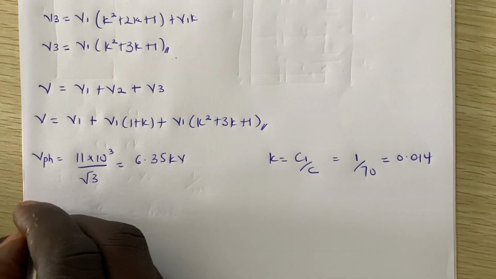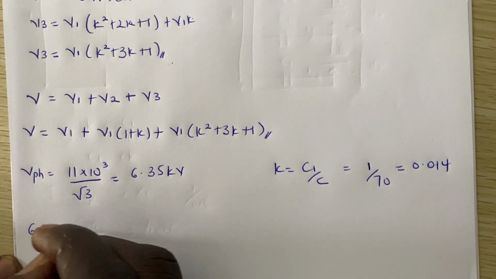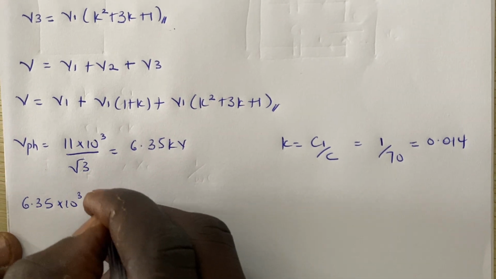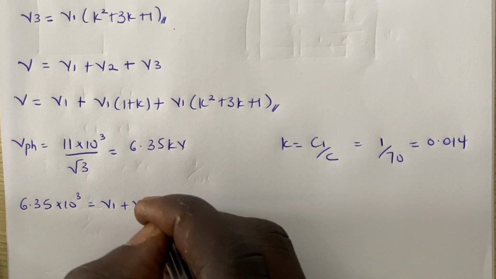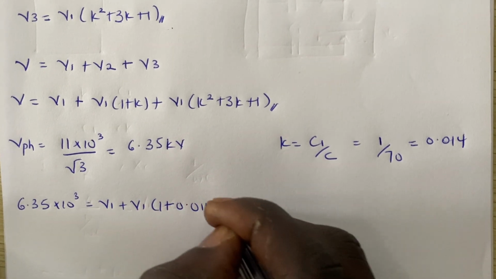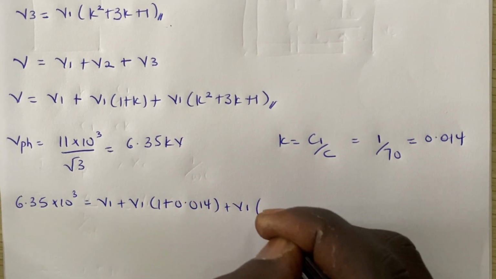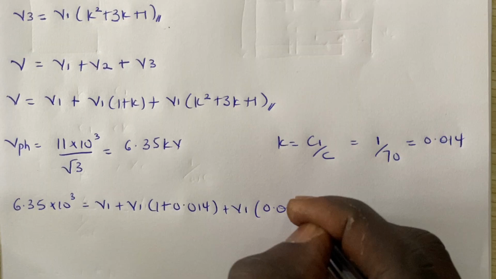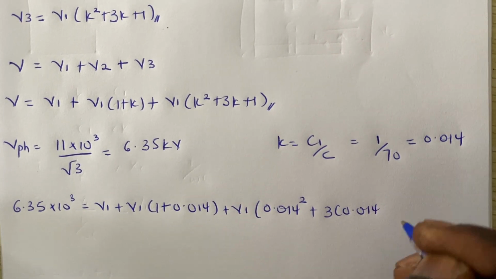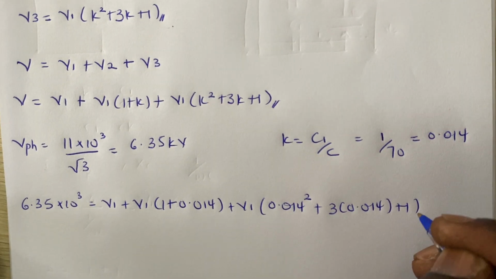So we have these two values and then we can just insert them in this. So now we have 6.35 times 10 raised to the power 3 equals V1 plus V1 into brackets 1 plus 0.014 plus V1 into brackets 0.014 squared plus 3 times 0.014 plus 1, right? Good.